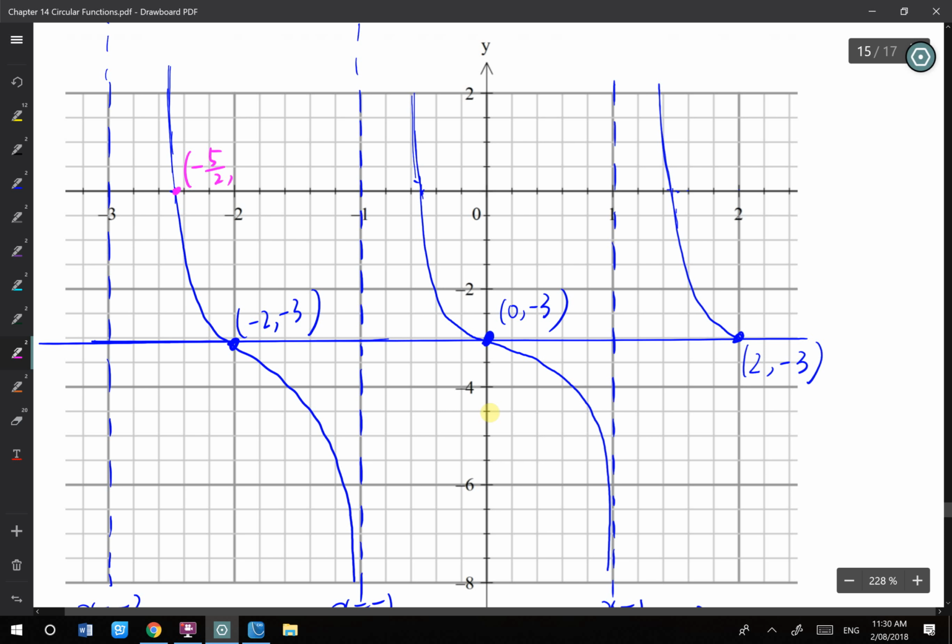Okay. We have these coordinates here. Minus a half, 0 here, and 3/2 here.